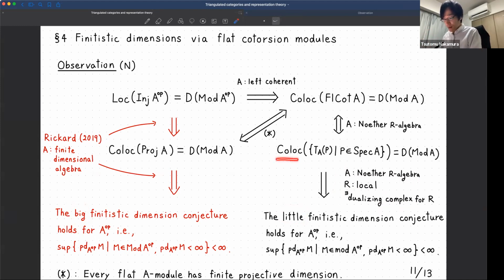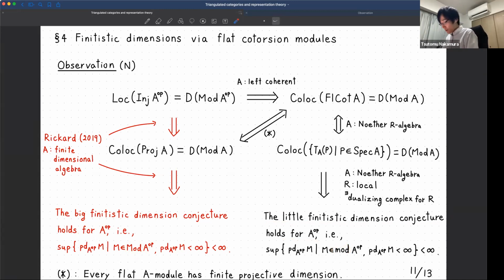If the derived category is cogenerated by flat cotorsion modules, then the little finitistic dimension conjecture holds true for A. Namely, I had to replace large mod A by small mod A.